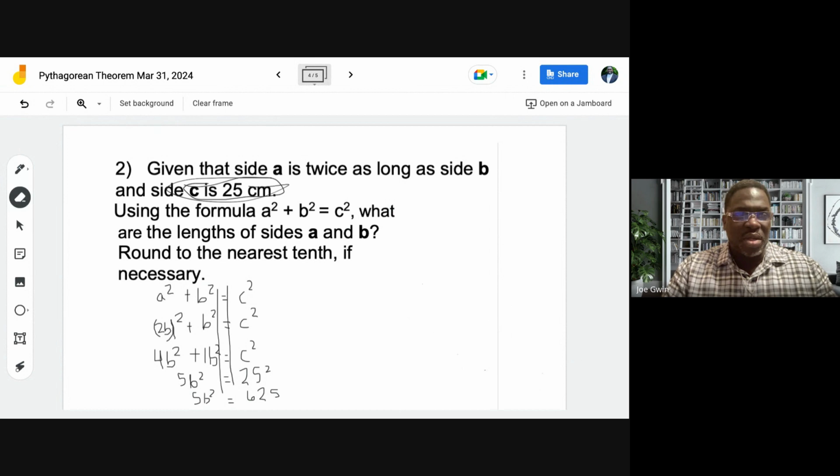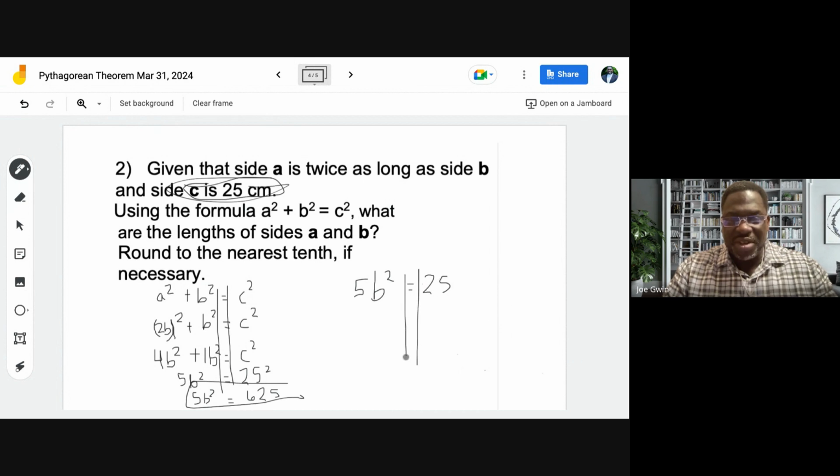I'm just going to rewrite that so we can see what's going on. 5B squared equals 625. We're trying to get B by itself, but we're going to have to remove this 5.